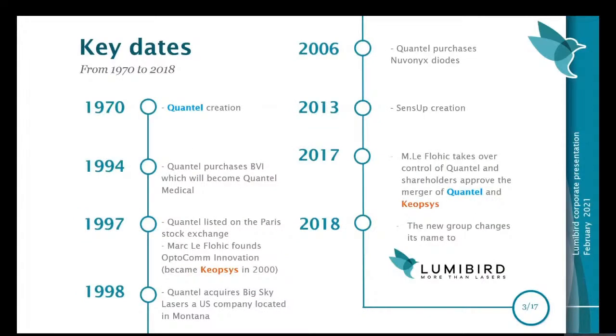Lumibird was born in 2018 from the merger of Quantel and Curbsys, which have been two key players in the photonics industry since the beginning: back to 1970 for Quantel in solid-state lasers, and 1997 for Curbsys in fiber lasers.